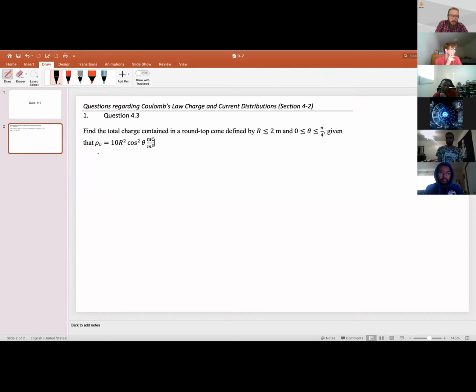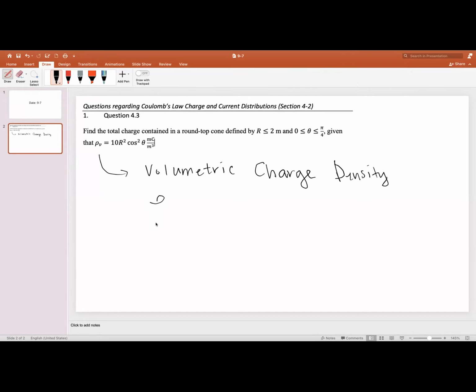So this is a volumetric charge density, and that's what this V stands for, rho V.